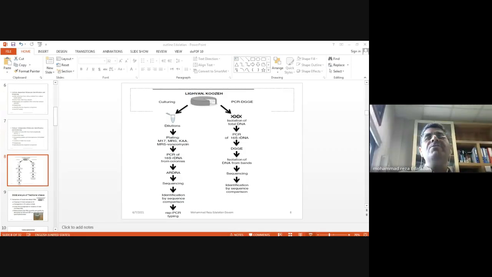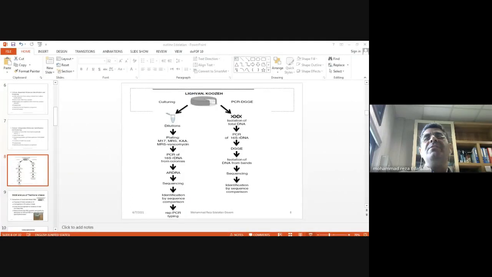And here you can see the ratio of 260 to 280. For example, if this ratio is more than 1.6, the quality and the purity of DNA is okay. And also here you can see the concentration and the quantity of the extracted DNA.